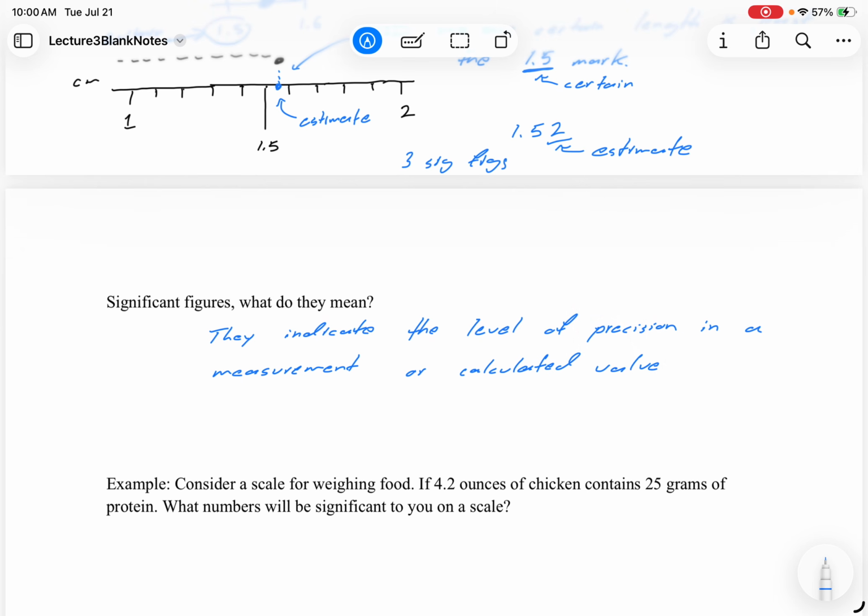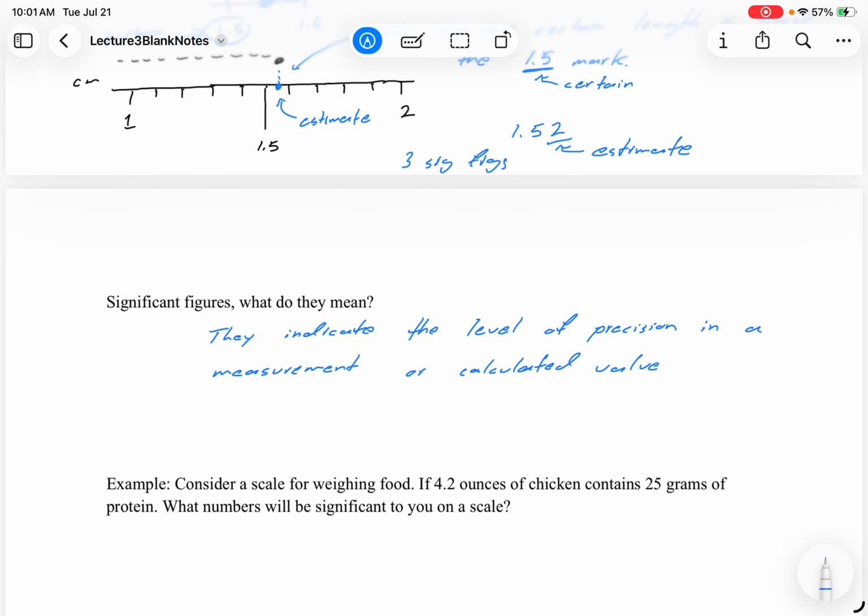So they measure how precise these measurements are, or these calculated values are.